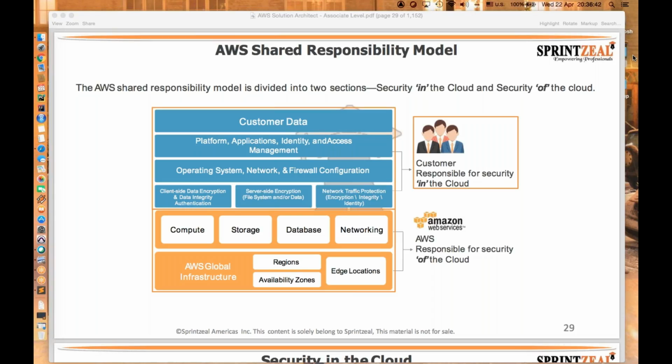The availability zones are, for example, in the same country at a specific distance, another data center, where all your storage, database, network, and compute will be available in your global infrastructure, in the specific regions.